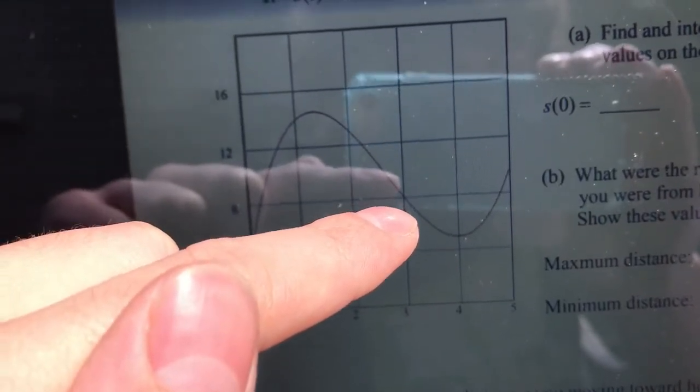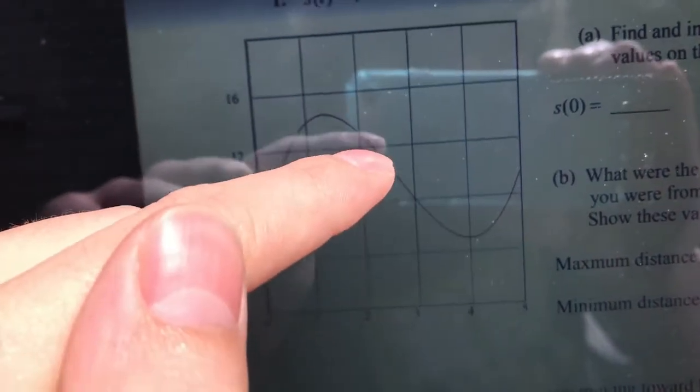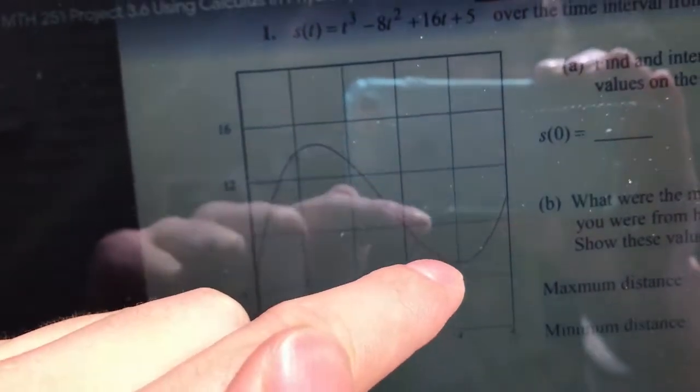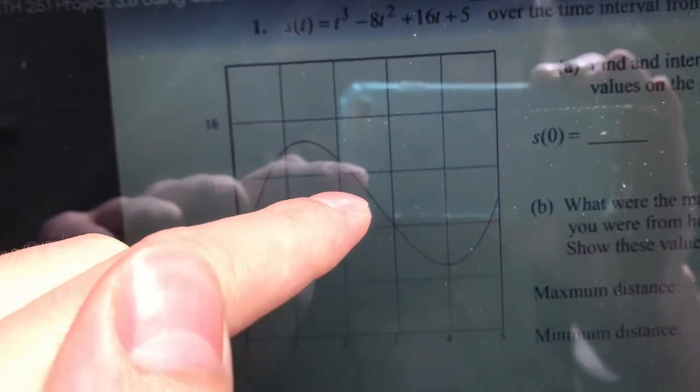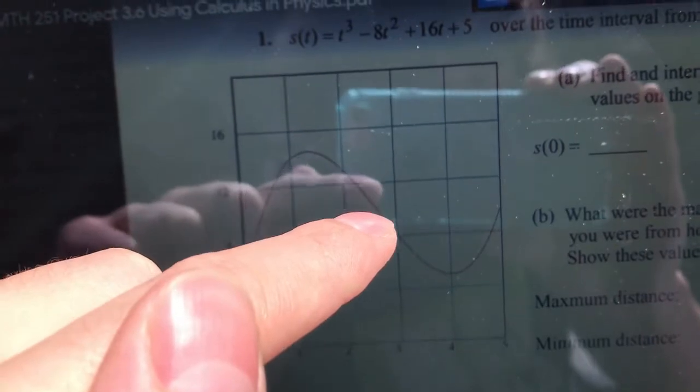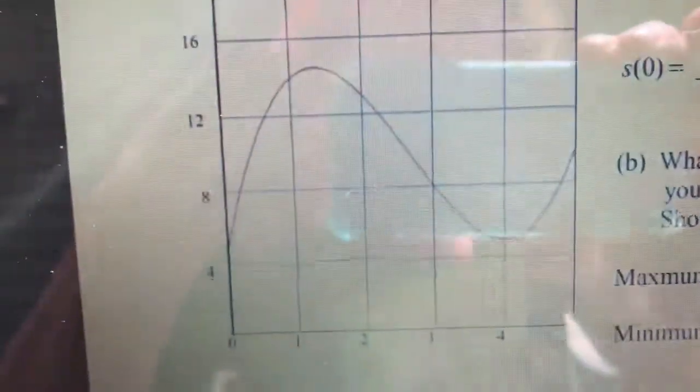At the point t equals 3 hours, there is a negative slope of 5, which corresponds to -5 miles per hour for the velocity.